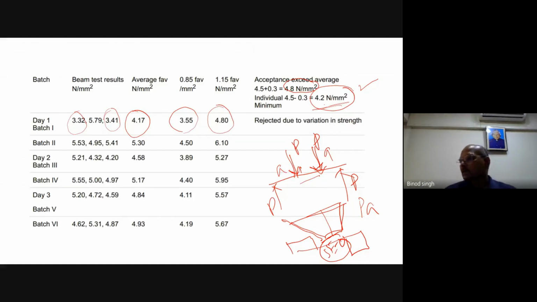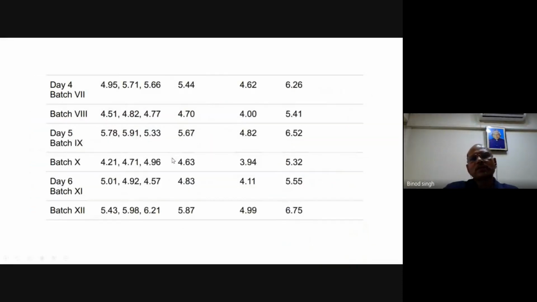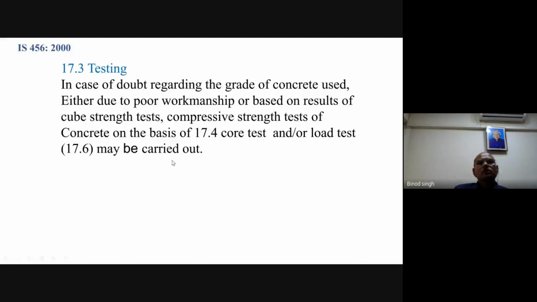Okay. So now like this you can go for the analysis which is to be rejected. So the code says, in case of doubt regarding the grade of concrete used, either due to poor workmanship or based on the results of the cube strength test, compressive strength test of concrete, on the basis of clause number 17.4, core test and or load test may be carried out.